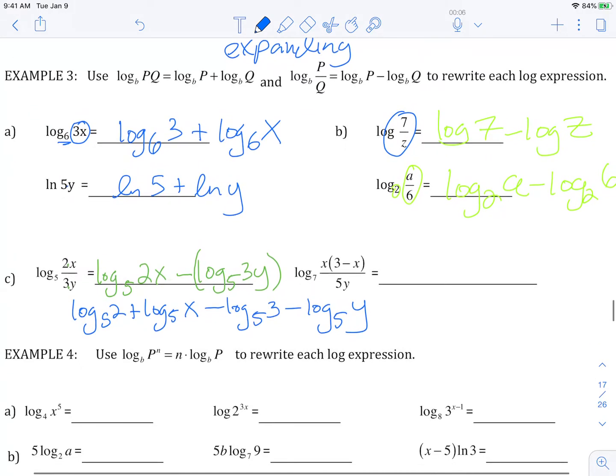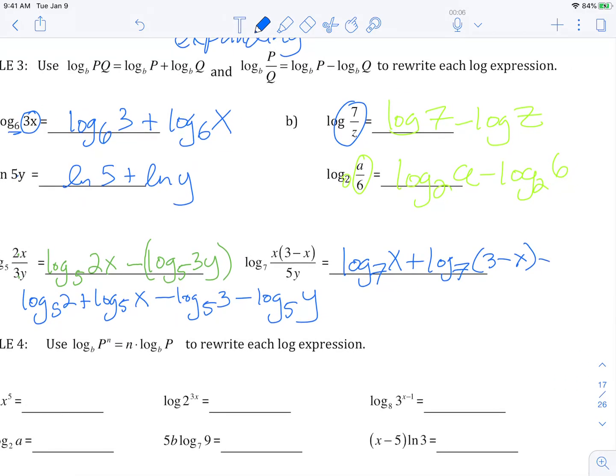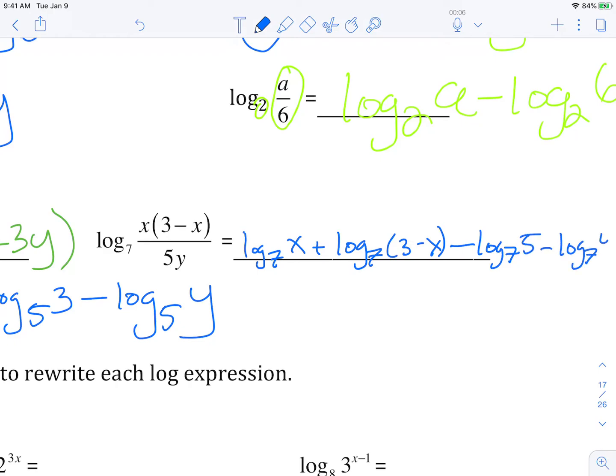So log base 7 of x plus log base 7 of 3 minus x minus log base 7 of 5 minus log base 7 of y.